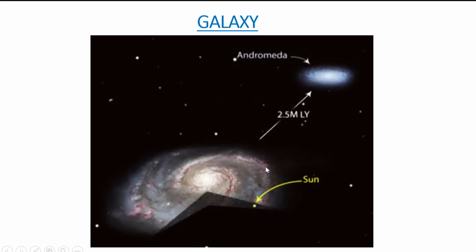So in the Milky Way galaxy, we are present on the edge, far away from the center, and we are fortunate that we are far away from the center, because otherwise, if we had been at or near the center of the Milky Way galaxy, it would have been hard to look beyond it.